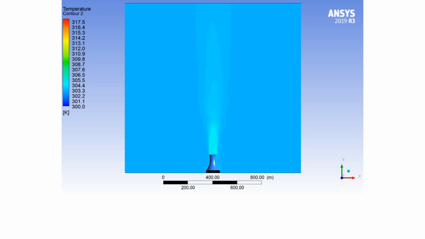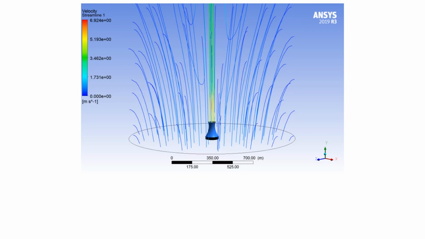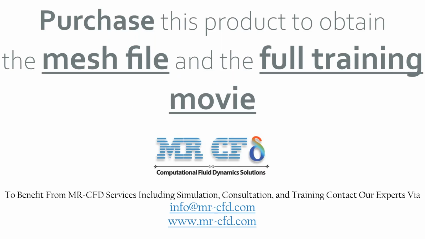In this contour, you can see the temperature distribution in the middle section of our computational domain. As you can see, the airflow exiting the Heller construction has a higher temperature compared to the ambient temperature. As you can see in this contour, the airflow streamlines exit the Heller construction with higher velocity and higher temperature.